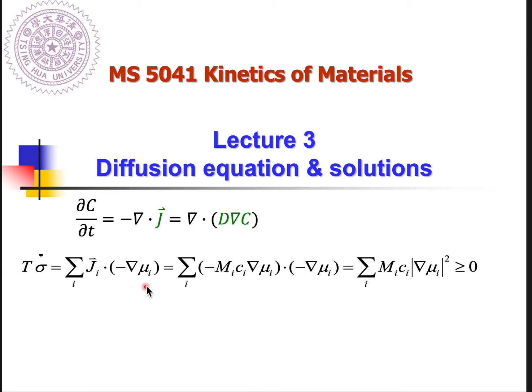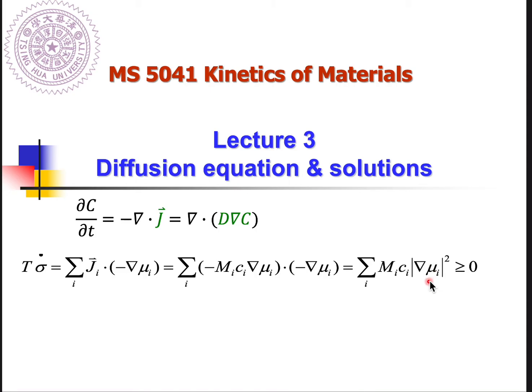By using this, you can successfully use the entropy production rate to describe the diffusion phenomenon. And this is the chemical potential gradient. Is it easy to measure? No. As the flux is not easy to measure, neither is the chemical potential gradient.